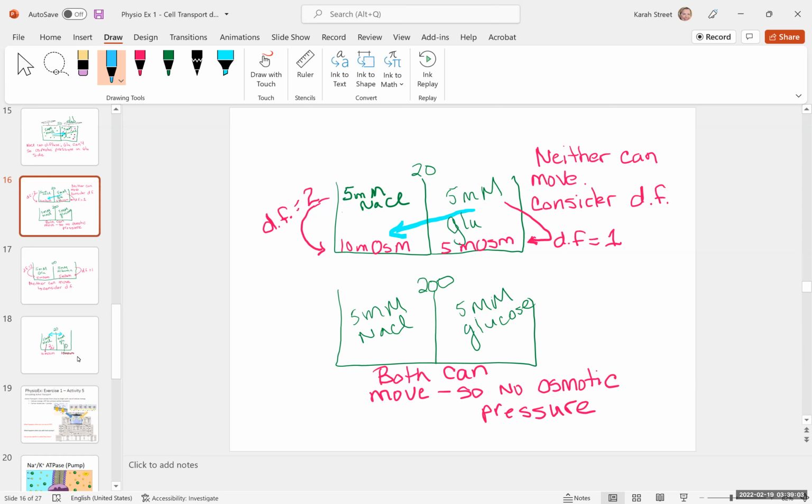Can either of them diffuse? Both can. Both can easily get through those molecular weight cutoff pores. So if both can move, if both can diffuse, there will not be a net gain nor loss of water in either chamber. That means no osmotic pressure.